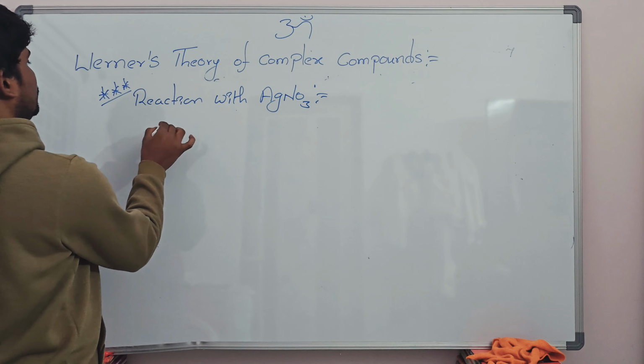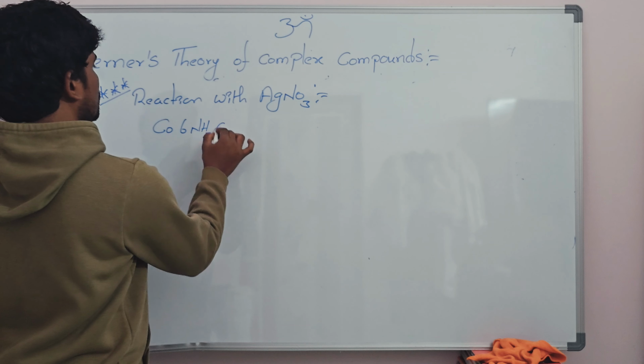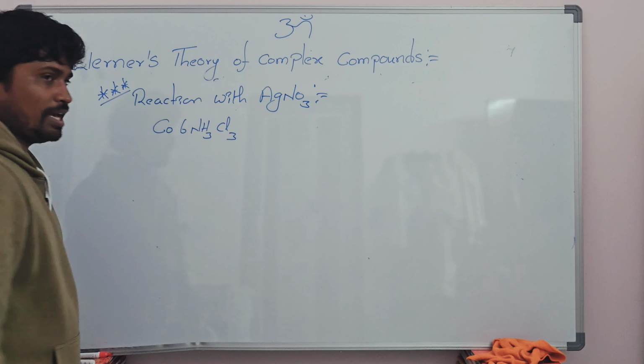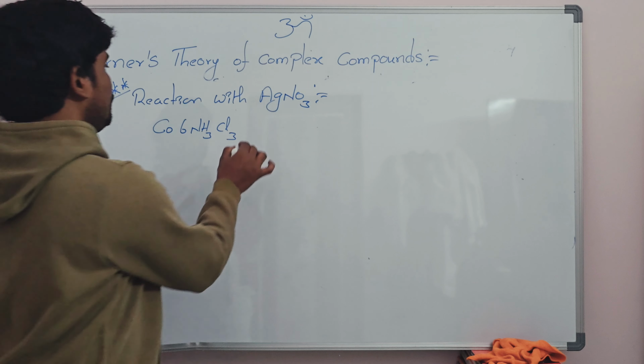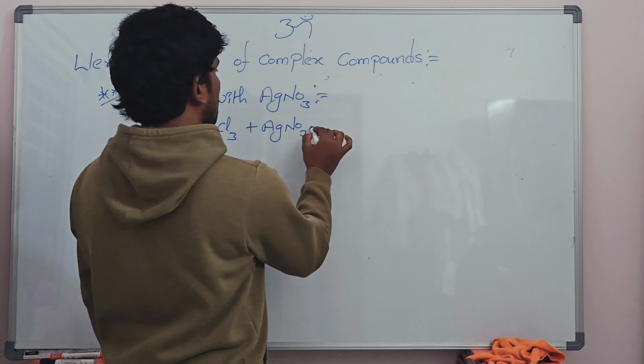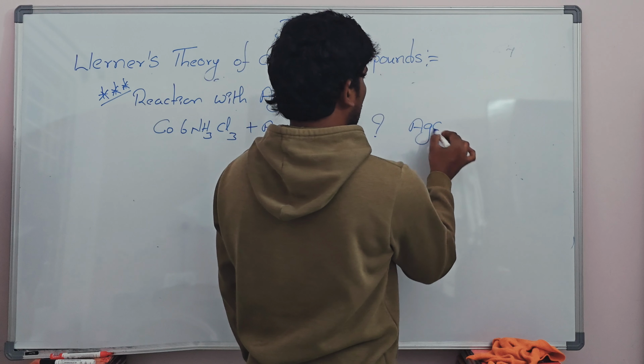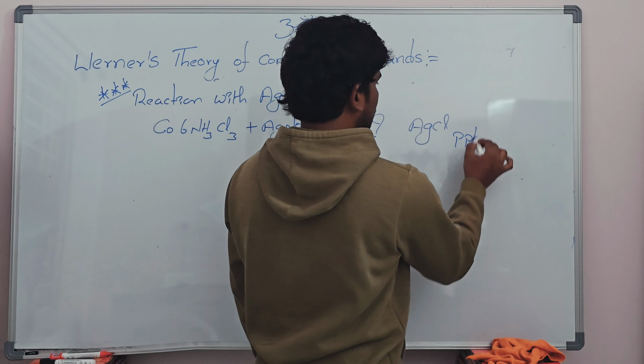For example, the complex is present, Co(NH3)6Cl3, existing like that. This complex is reacting with the silver nitrate solution. The question is how many moles of silver chloride precipitate are formed.